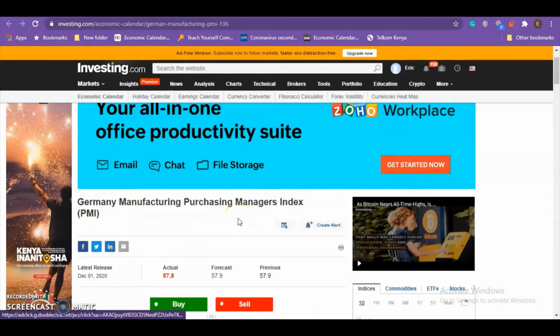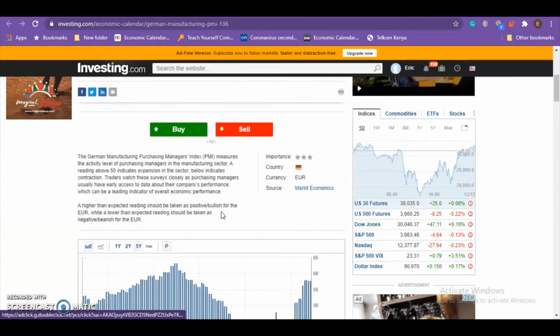You can read here that the German Manufacturing PMI measures the activity level of purchasing managers in manufacturing. A reading above 50 indicates expansion in the sector, below indicates contraction. Traders watch these surveys closely as purchasing managers usually have early access to data about their company's performance, which can be a leading indicator of overall economic performance. A higher than expected reading should be taken as positive, bullish for the euro, while a lower than expected reading should be taken as negative.